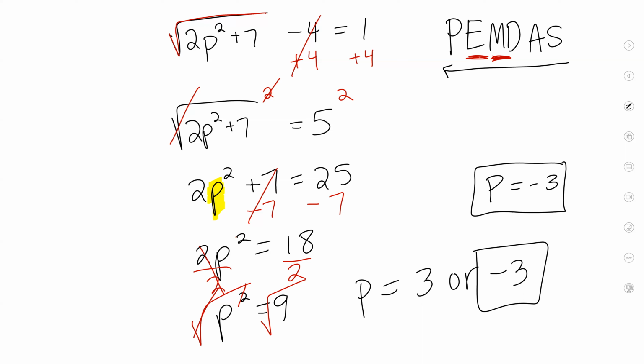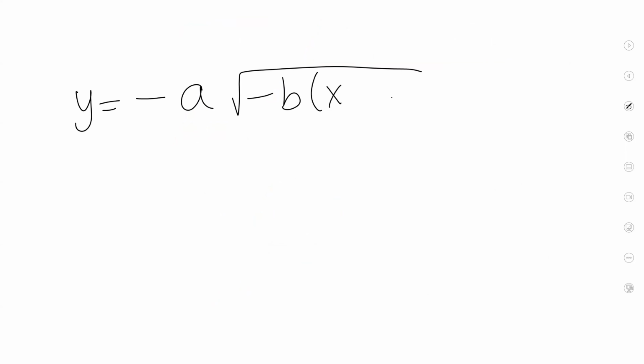All right, so this is a review of solving square root equations. Let's do a quick review of different transformations, okay? This is already in your notes. When there's a negative in the very front, what does that do? Yes, the negative in the very front is reflect over the x-axis.